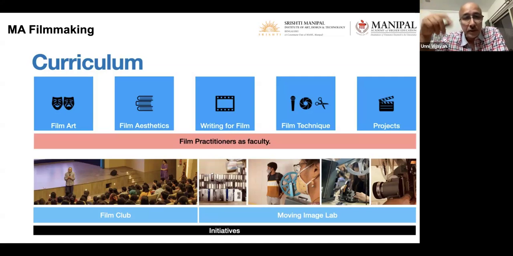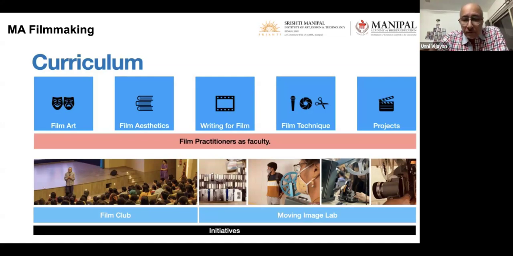We would look at how the aesthetics of writing for these different forms also change, and understand how we can create pitch projects when you go out. Film techniques: some of the modules would specifically deal with film techniques of cinematography, sound design, editing, director's craft, all those things.